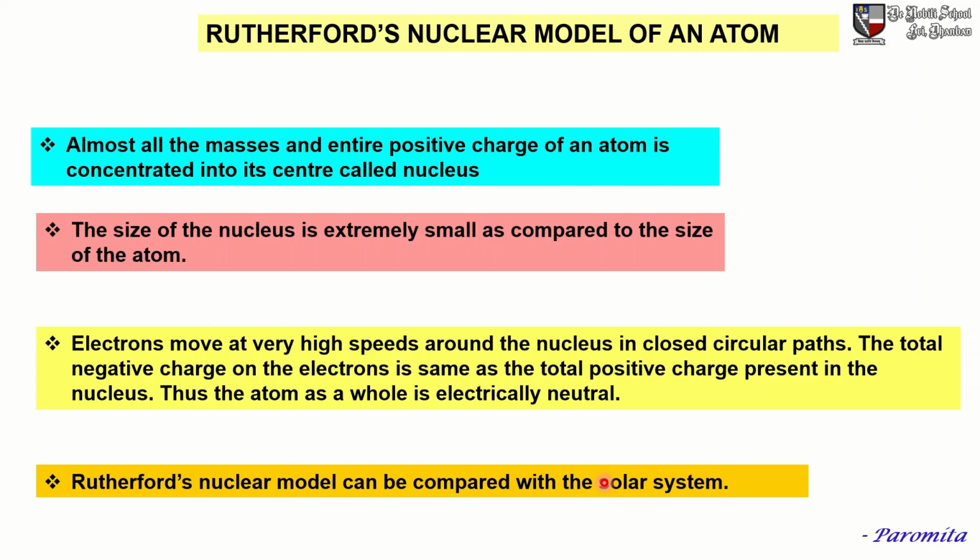In a solar system, various planets revolve around the Sun in orbits almost the same way as the electrons revolve in orbits around the nucleus. Due to this analogy, electrons of an atom are also termed as planetary electrons.